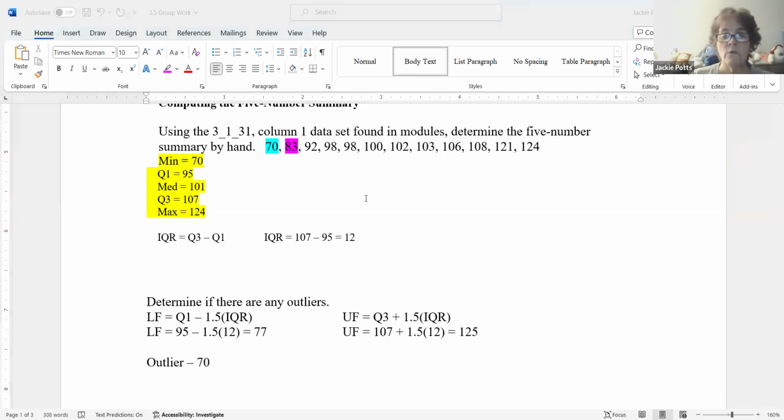So let's look. If I move the cursor over, look what it says. Lower limit 83. That is a whisker. It's giving you all the numbers. Since we didn't have an outlier on top, there's no dots on the top, but outliers appear as dots on box plots. All right.